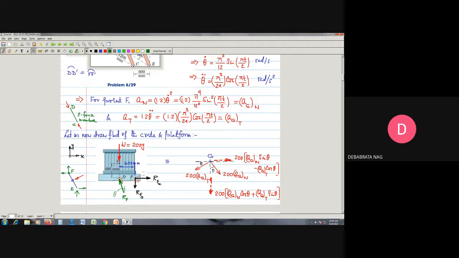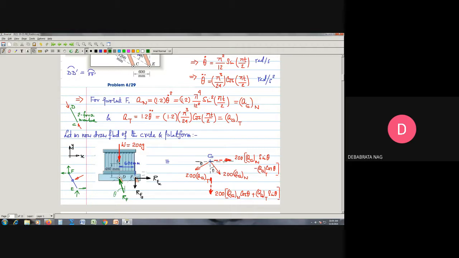And you know that there is a self weight of the system which must pass through the center of mass of the entire system, which is here shown to be point G. This is where the weight W, that is equal to 200 g, is acting in this manner. And we know that this should be equivalent to the corresponding acceleration components.